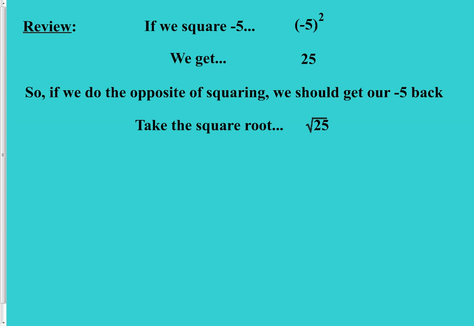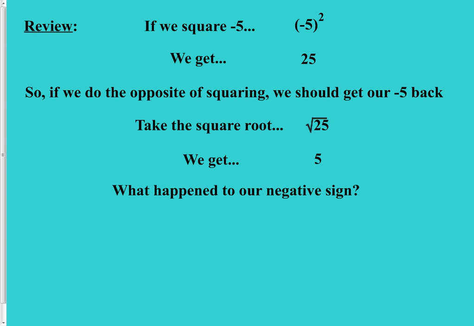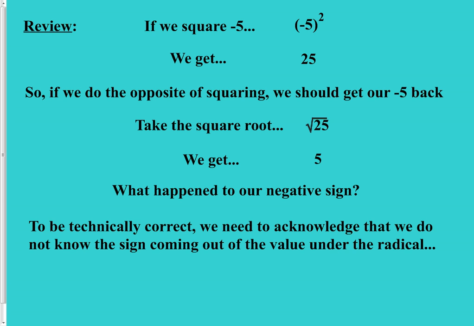So let's take the square root of 25. Now I think everybody would tell me that the square root of 25 is precisely 5. So the question is, what the heck happened to our negative sign? We started off with a negative 5. We did two operations that were opposite of each other, and we did not get our problem back. Something must be wrong.